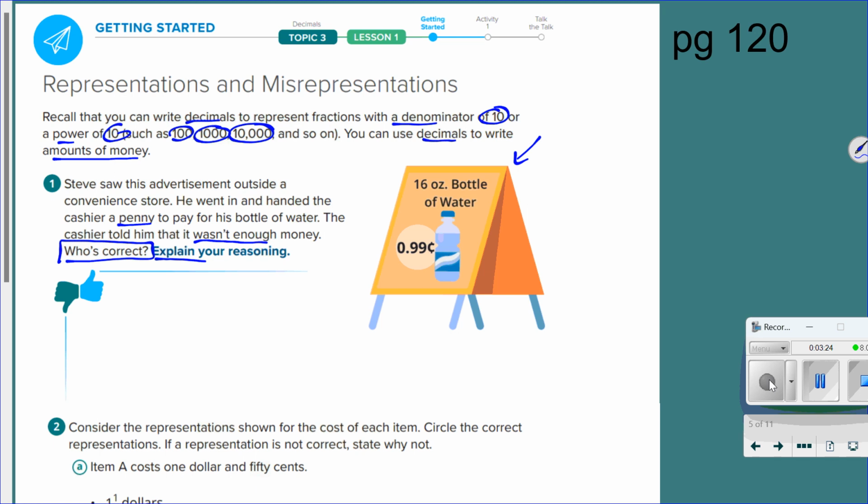Okay, by a raise of hands, since you've already got it written down, and I can come by and look, how many of you think that Steve was right, that he should have gotten change for his penny? Makes no sense, right? Okay, how many of you think the cashier is correct, that that wasn't enough money? Amari, you've got to choose one or the other.